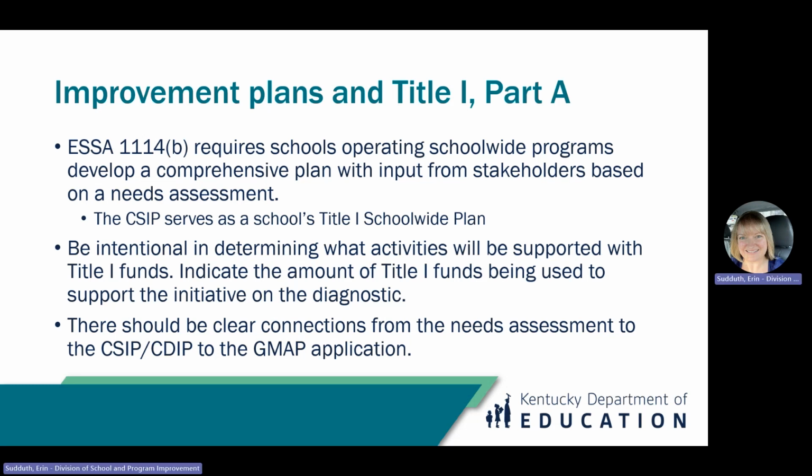There should be clear connections from the needs assessment to the CSIP or CDIP to the GMAP application. The needs assessment identifies the issues. The CDIP or CSIP lays out the plan for addressing the issues and breaks that plan down into steps. The activities with Title I identified as the funding source on the CDIP or CSIP should determine the information in the GMAP application.